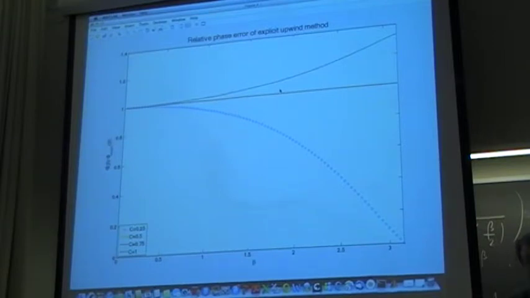So that is the way you can interpret the modulus of the amplification factor and how you can interpret the phase angle and relate that to the exact phase angle. That tells us whether amplitudes are damped, the modulus of G, and whether the propagation velocity is too slow, which is a lagging phase error, or too fast, which is a leading phase error.